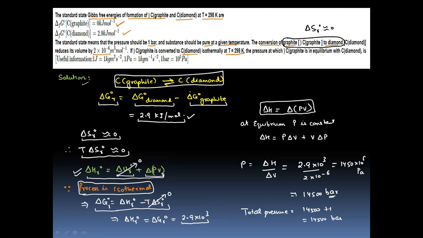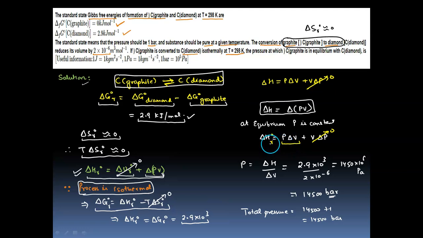If pressure is constant and H is defined as PV, it has two terms, P delta V plus V delta P. Because pressure is not changing, we can neglect the second term, which means that delta H naught for this reaction will invariably be P delta V, where P is the equilibrium pressure inside the container that we have to maintain for this transition to happen.